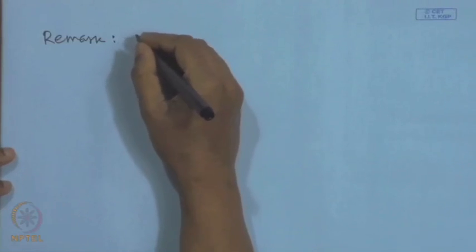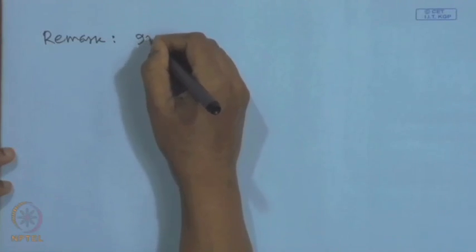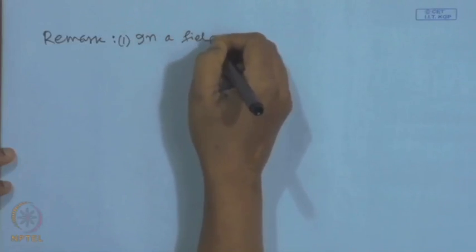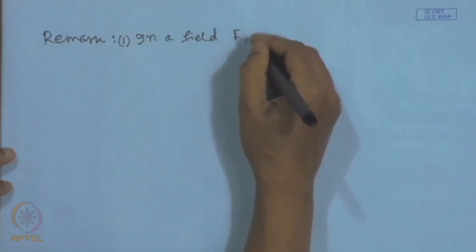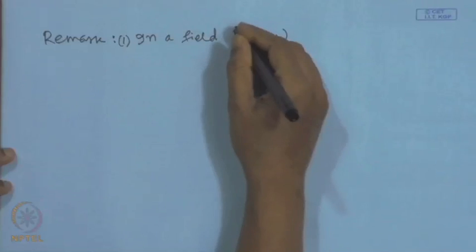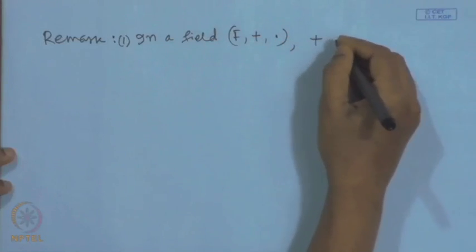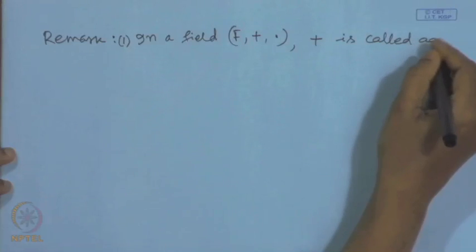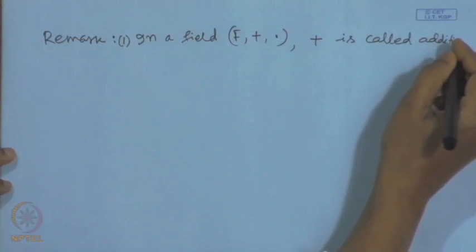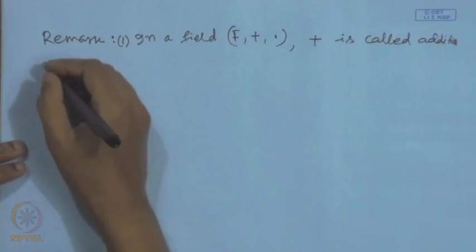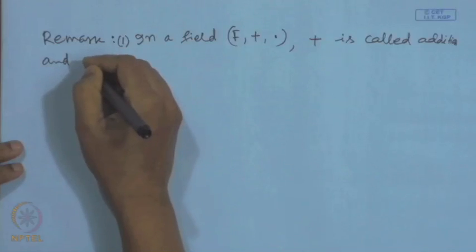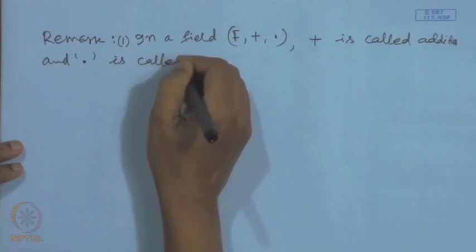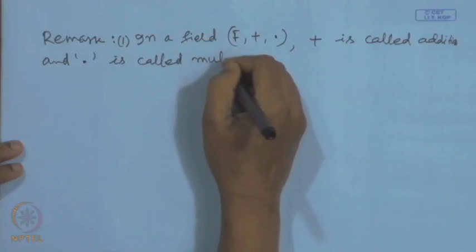First remark is this: in a field (F, plus, dot), this plus is called addition and dot is called multiplication.